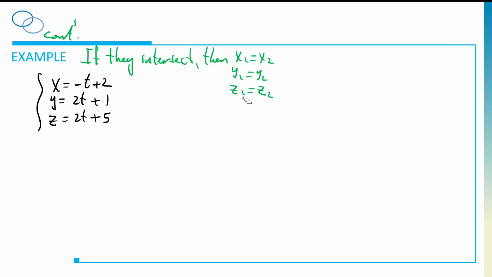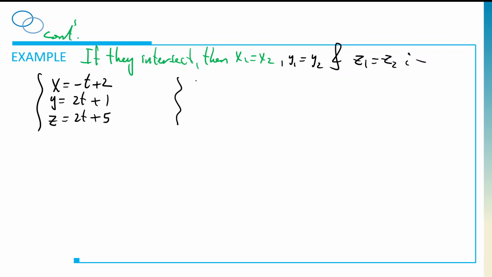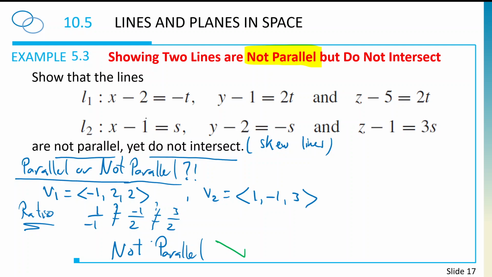The second group of equations is x equals s plus 1, y equals negative s plus 2, and z equals 3s plus 1. I'm getting these equations from here. They are the same equations, but I solve for x, y, z.